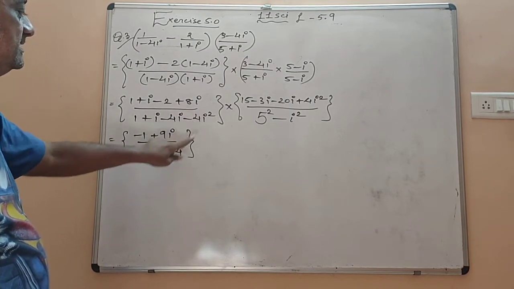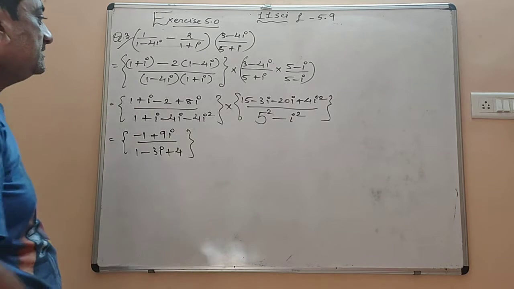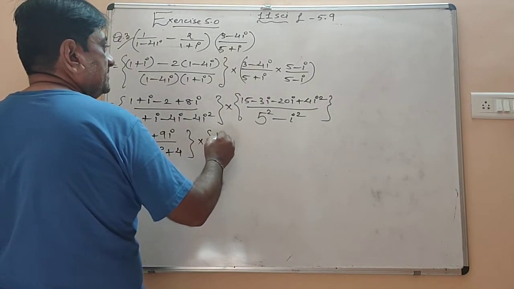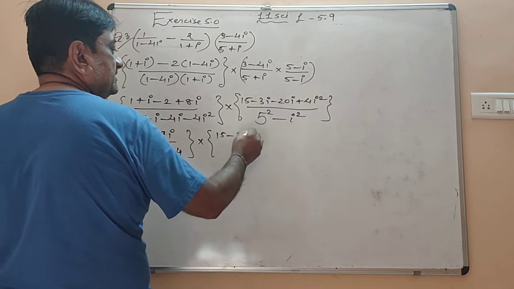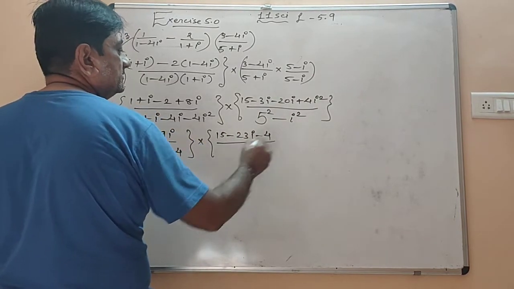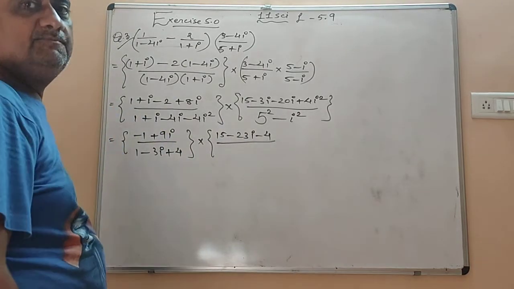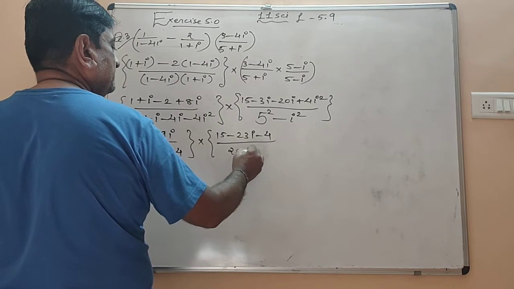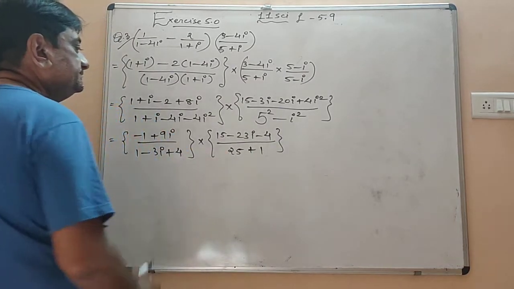And minus minus plus 4, i square is minus 1. Again this part is 15 minus 23i, combination of this, minus 4. Again put i square equal to minus 1 and denominator is 25 plus 1.